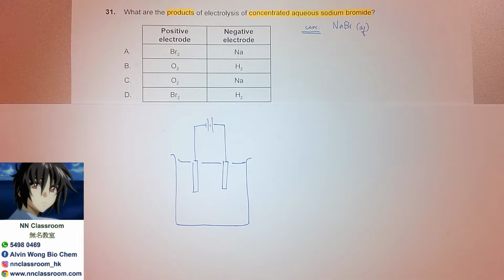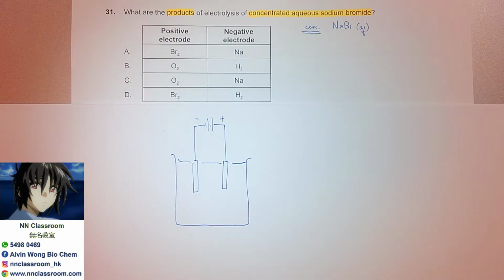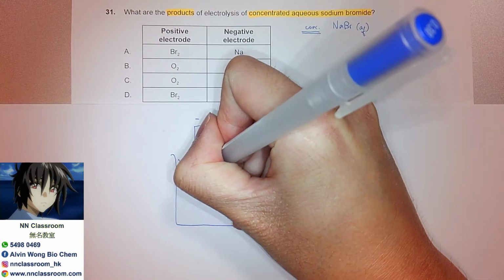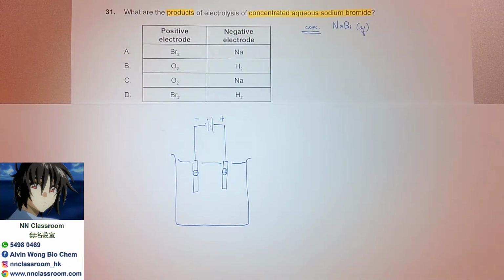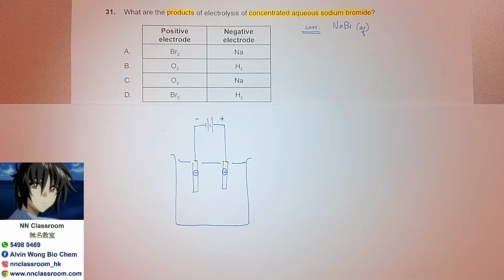So remember the skills and the steps that we learned in class. The way to handle an electrolysis process is that first of all, we indicate the positive and negative charge based on the battery. The longer side is plus and the shorter side is minus. That will lead to our electrodes also being plus and minus. According to the logic, the electrolytes contain mobile ions that are attracted by the opposite charge attraction principle.